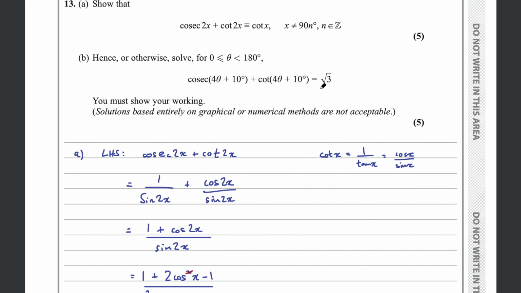When you see a root 3 in trigonometry, there must be an angle related to it. If you know your absolute values, there's a root 3 related to pi on 3 and pi on 6, or in degrees, 30 and 60 degrees.